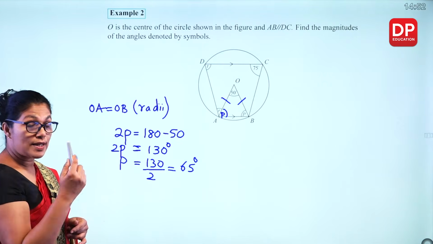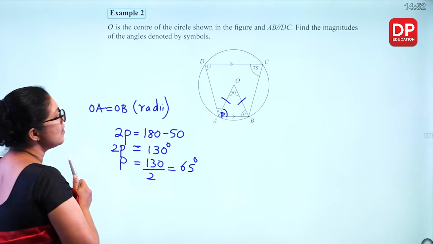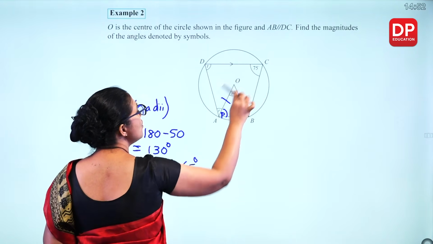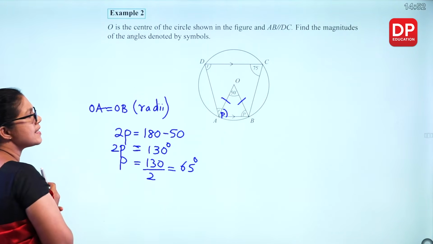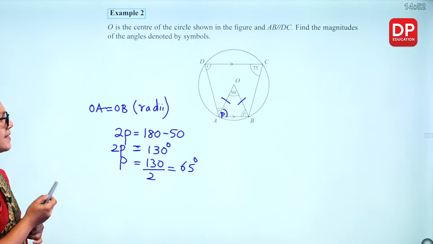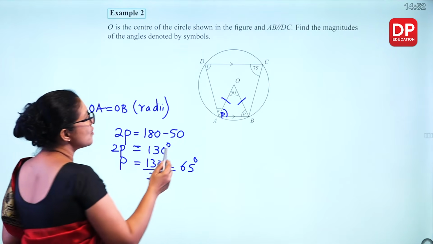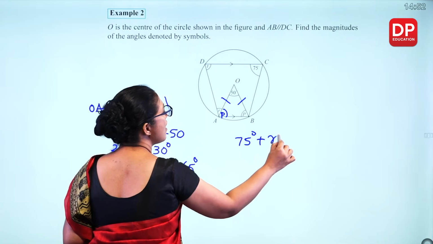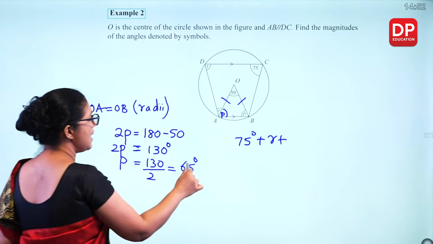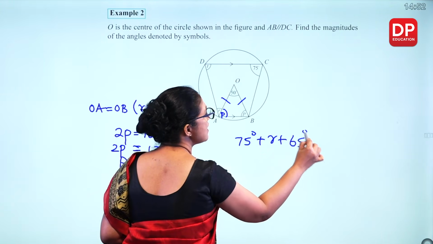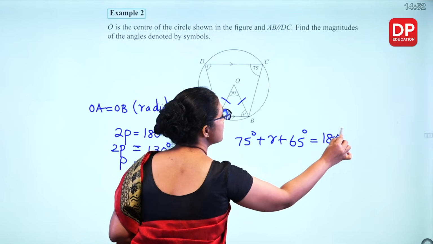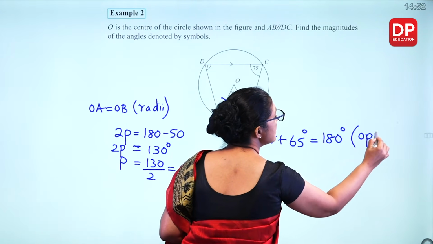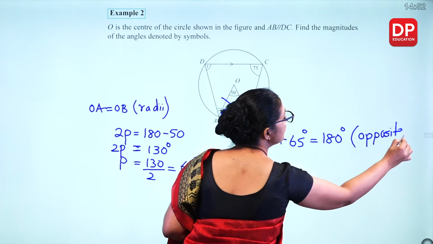Then what is the other thing you know already? These two add up to 180. Opposite angles are supplementary, angle A and angle C. So we can write 75 plus R plus P, P is 65, is equal to 180. Opposite angles are supplementary.